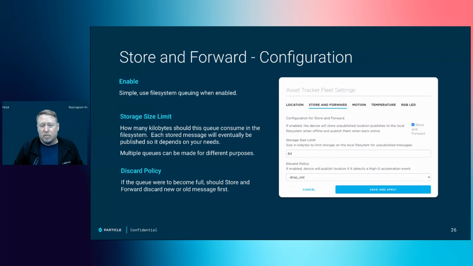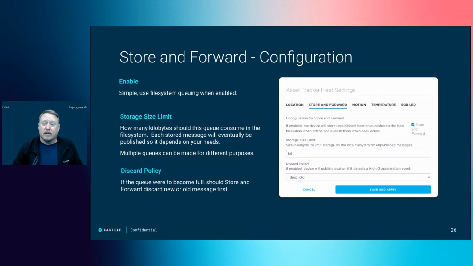So if your publishes are around 1024 bytes, then a queue of the default 64 kilobytes would save about 64 messages for you to send out. This may vary by application, by your needs, so we allowed this to be configurable and controllable by you.